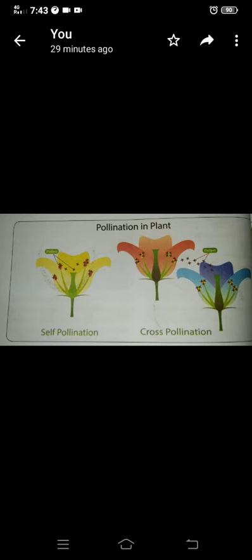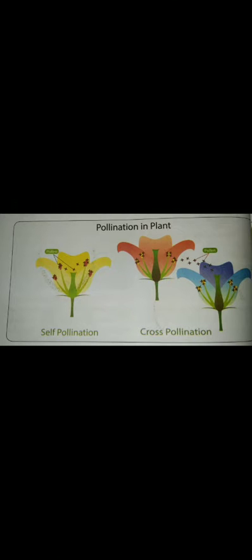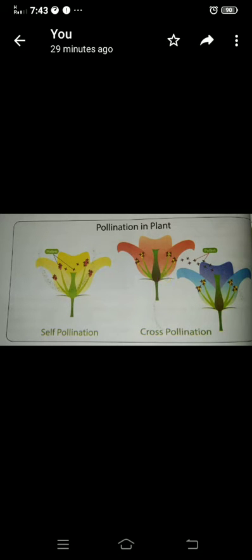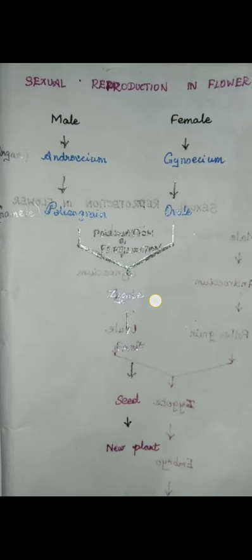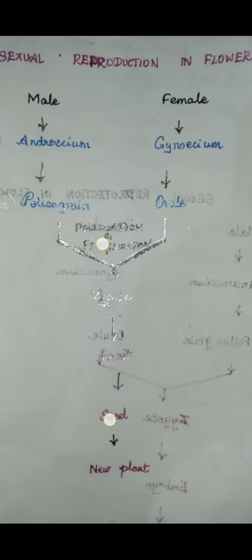After attachment to the stigma, the pollen enters through the pollen tube and reaches the ovule. After that it is combined to form a zygote. That is what is explained in the zygote. It develops into a fruit, which develops a seed, which produces a new plant.